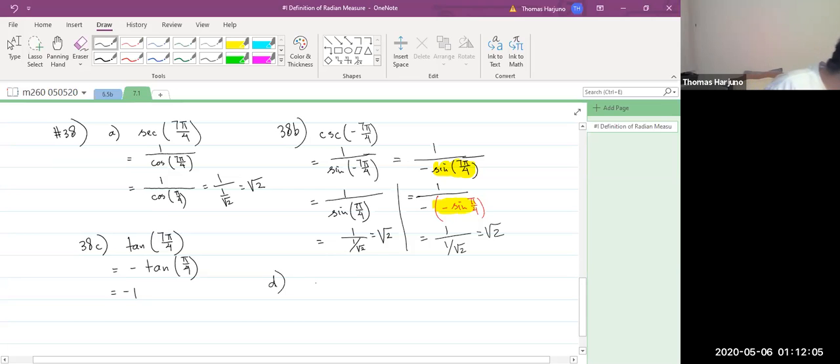Oh, do I read the question right? Cotangent of negative 7 pi over 4. That's 1 over tangent of negative 7 pi over 4. I think I would just do the coterminal. So that's 1 over tangent of pi over 4, which is just 1.